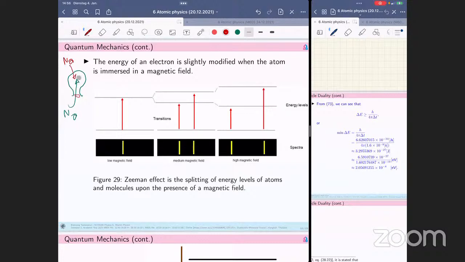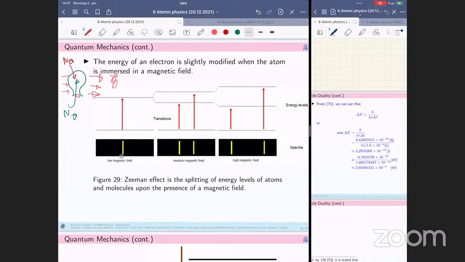Once sodium has more and more energy, it releases the energy in terms of yellow light. And the B field is the magnetic field. They apply the magnetic field to this lamp.